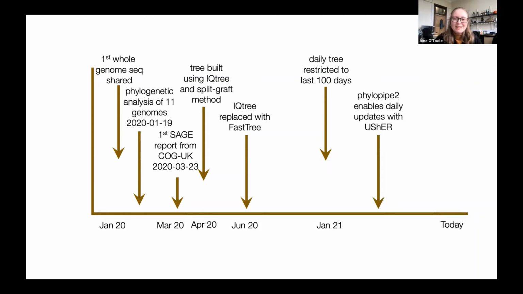Shortly after, we started using UShER to provide daily updates to an existing tree, and that really has transformed our ability to produce trees that are updated regularly at the scale that we're at now, with 4 million global sequences and more than 1 million sequences from COG-UK. So the current tree, I think, has more than 1.5 million tips in it.